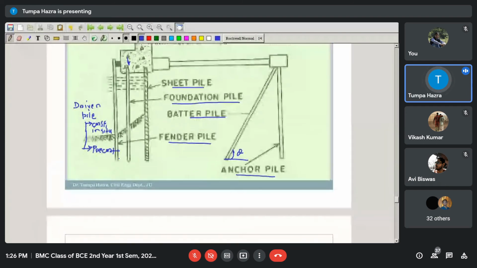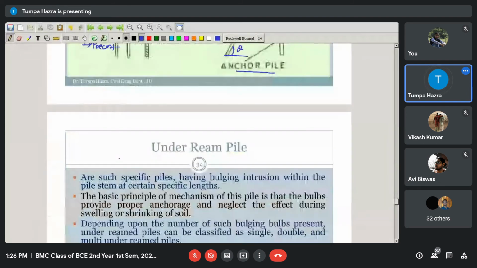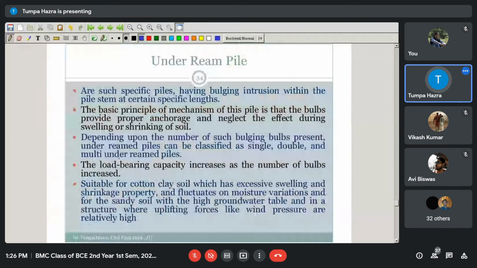But under-ream piles are a specific type of pile. They are basically bored piles as well as cast in situ.